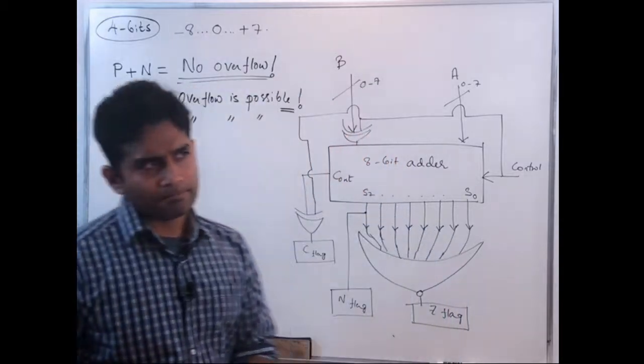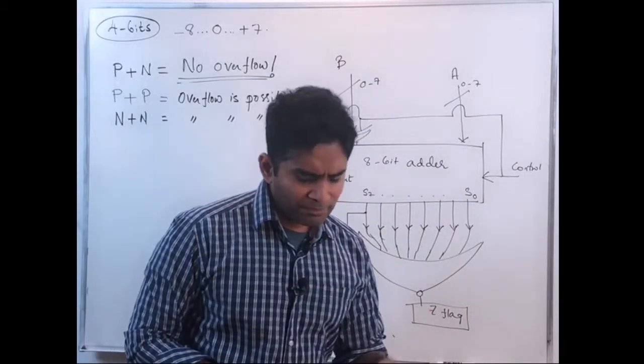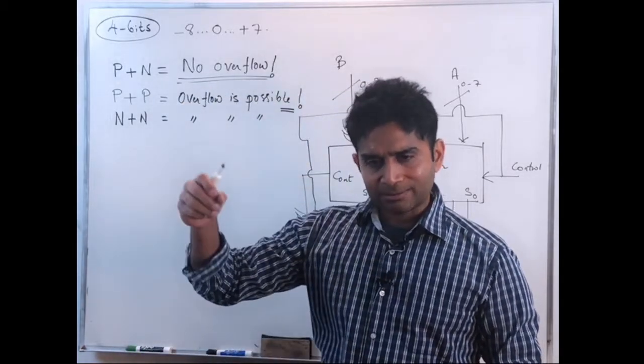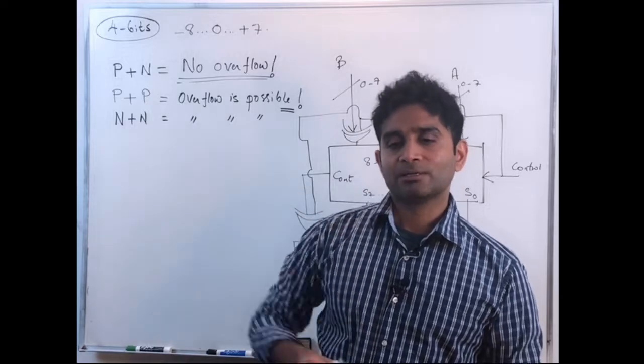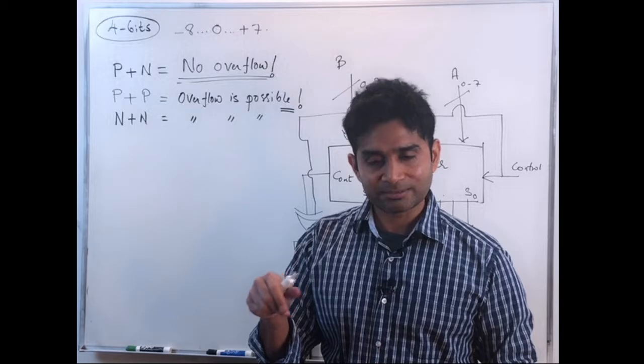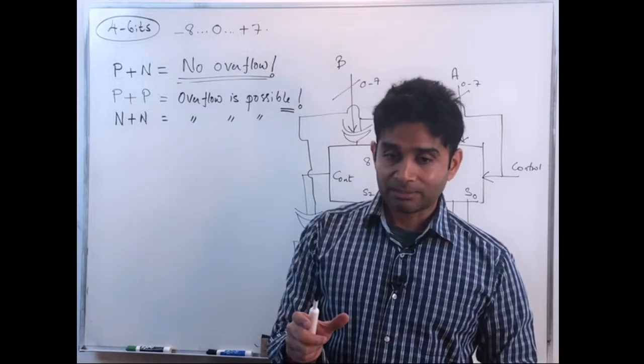So let's look at how we test for the overflow condition. Now, as we have seen in the last example, when I'm trying to subtract, 7 minus 6, I should be getting a positive answer, but the answer I got was negative.